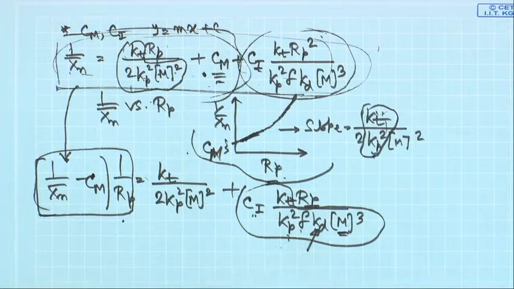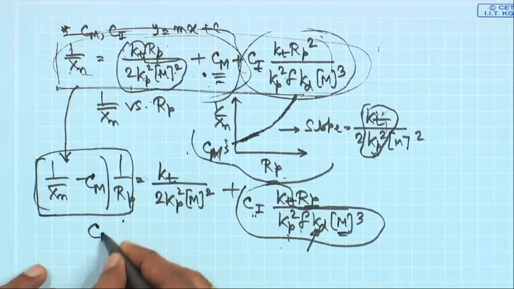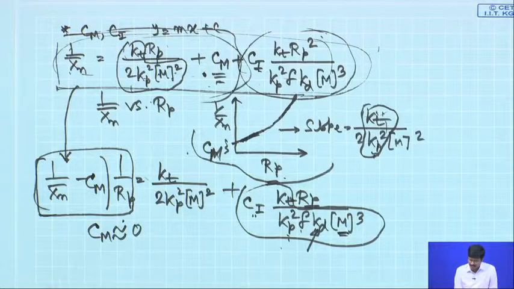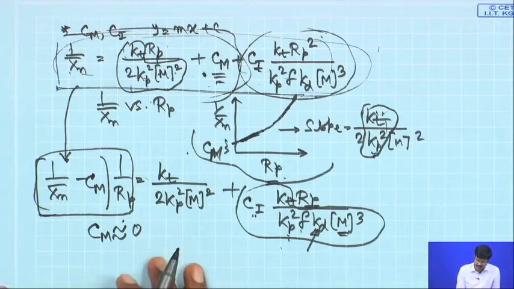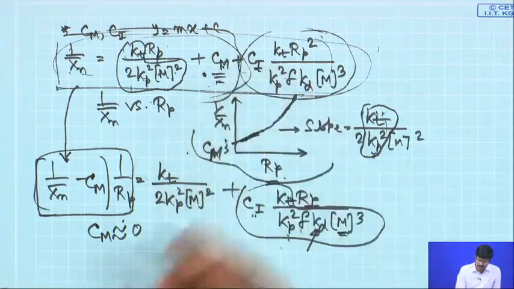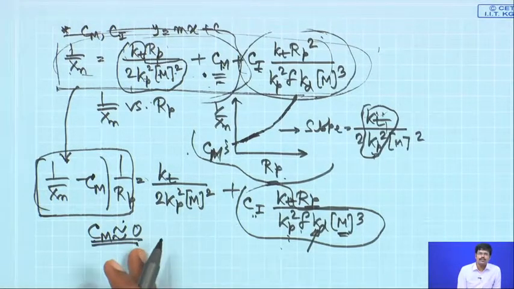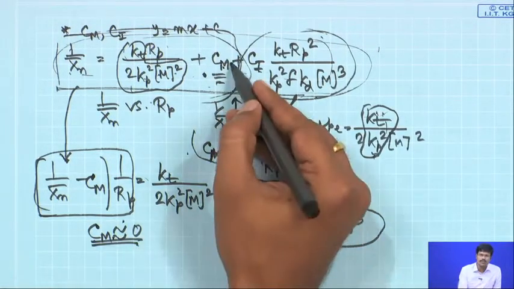Now, when chain transfer to monomer is negligible, which is often the case for many of the systems, then this term will go. I will come to that in a little while. When chain transfer to monomer is negligible, then this term will go.